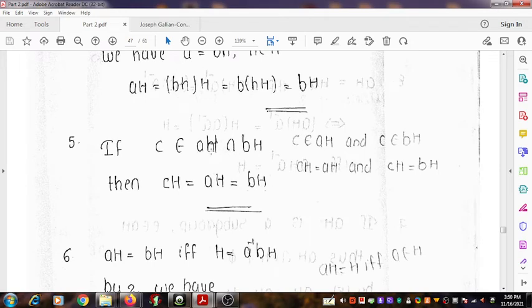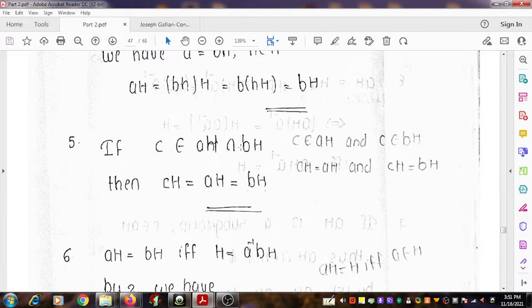Here we assume that AH intersection BH is non-empty. So if we assume that AH intersection BH contains some element, then C is an element of AH and C is an element of BH.